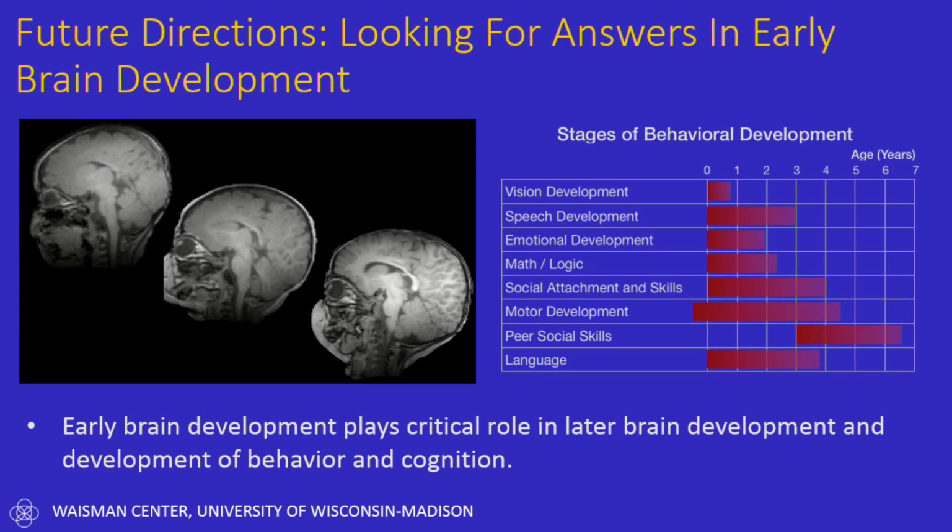Different brain networks are developing as these different behavioral processes are coming online. So we know that brain development plays a critical role in the development of behavior and cognition, and we want to understand how these processes are linked.